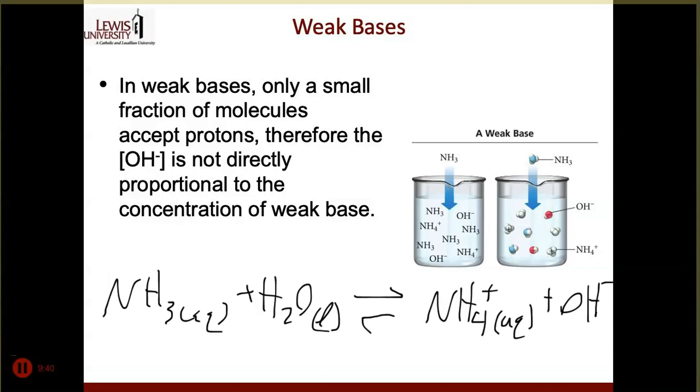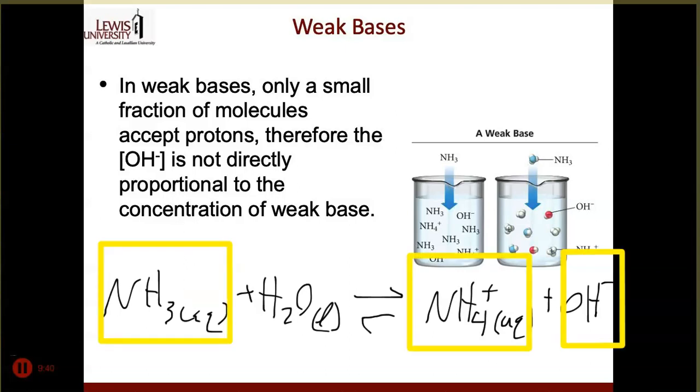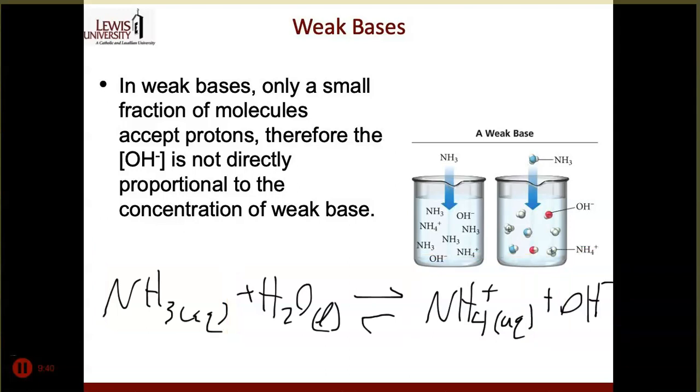We write it as a double arrow reaction, and that means we'll have all three components present in our solution: NH3, NH4 plus, and hydroxide. So if you look in our solution, you'll be able to see all of those things: OH minus, NH3, and NH4 plus.